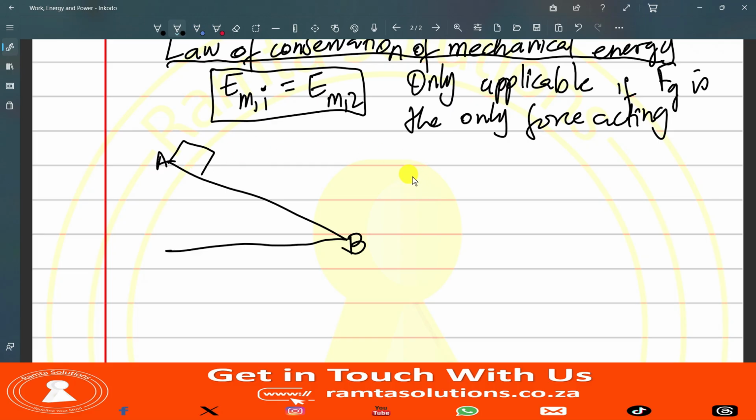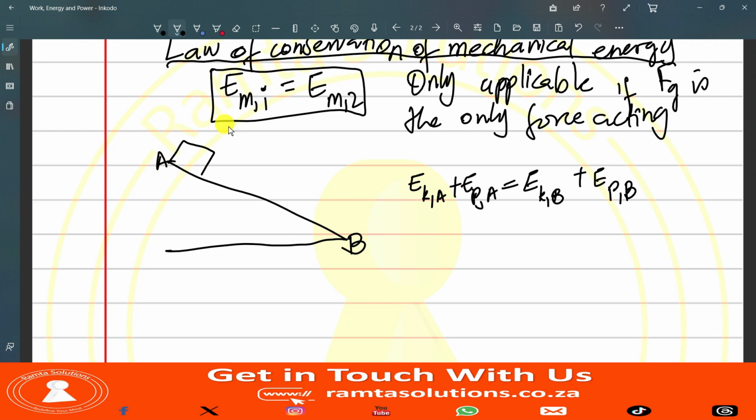This is where you will say, kinetic energy at point A plus potential energy at point A will be equal to kinetic energy at point B plus potential energy at point B. You get it? And this is how you have been using it, only if there is no other force affecting the motion of this object in this path.